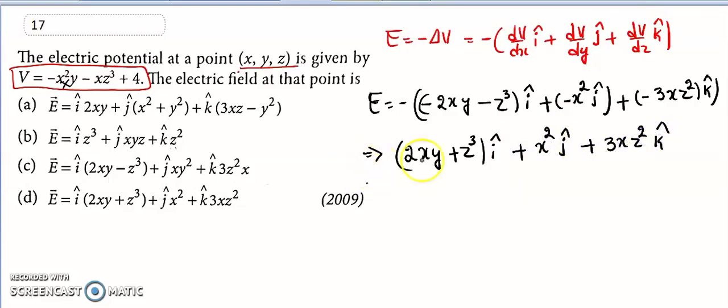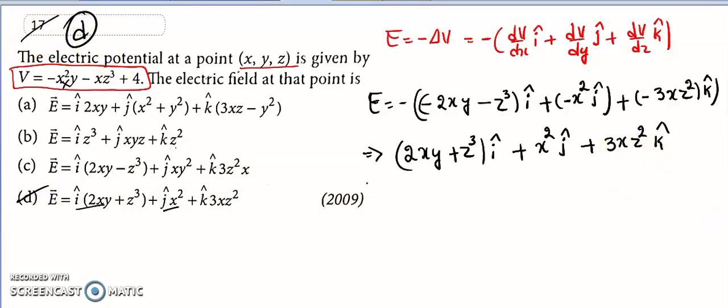So which is the answer? 2xy plus z cube I cap, x square j cap, 3xz square k cap, that is option D is the right answer for 17th question.